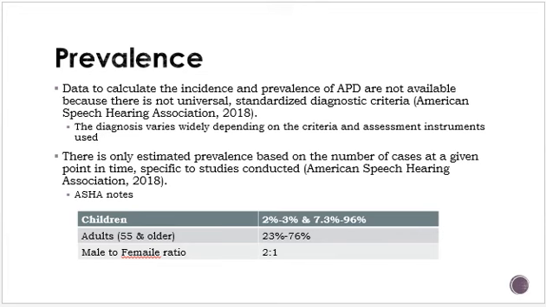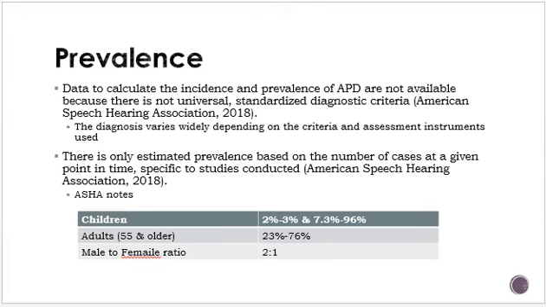The diagnostic criteria varies widely, and the assessment and instruments used determine how each child will be diagnosed. There's only estimated prevalence based on the number of cases at a given point in time, specific to studies conducted by the American Speech-Language-Hearing Association.